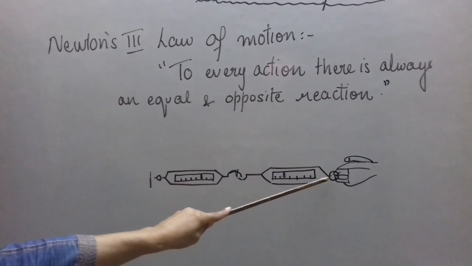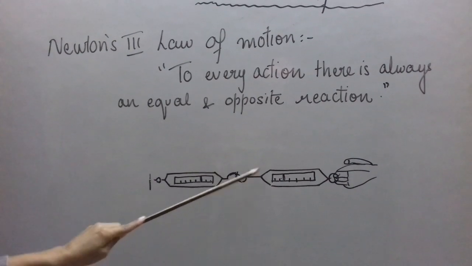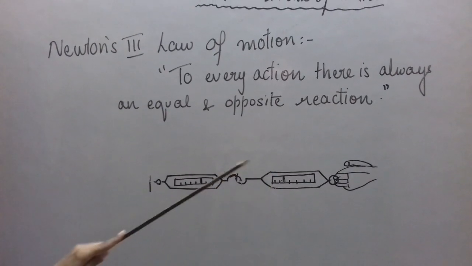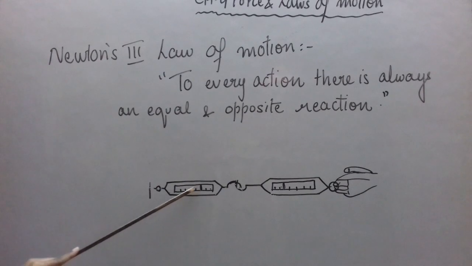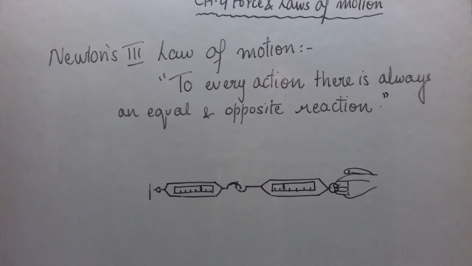So when this is pulled, what happens? This hook is pulled by the spring balance. When the hook is pulled, obviously this spring balance will show a reading. When the spring balance is hanging vertically, the reading gives us the weight of the body which is hanging.